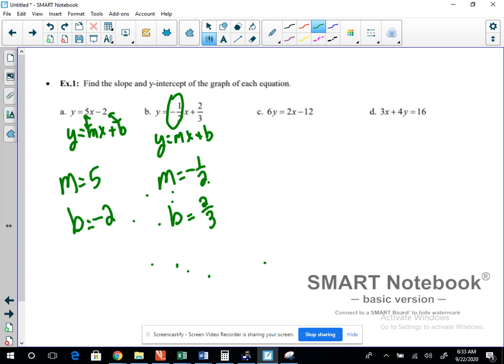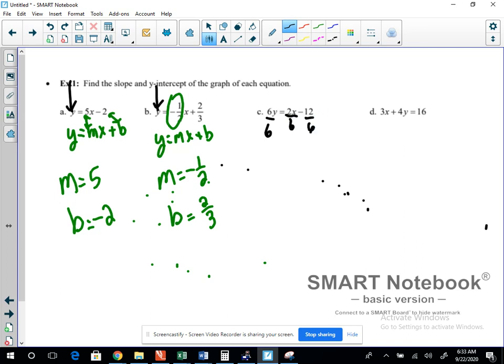Okay, the next two are a little different, though. I'd say we could try these, but first, we're going to need to do a little work. These two, what they had is they had y sitting here by themselves. This one doesn't. It's got 6y. So the first thing we're going to need to do here is divide by 6. Now, if you divide by 6 on one side, you can divide by 6 on the other side. Since there's two things, I'm just going to divide them each by 6.